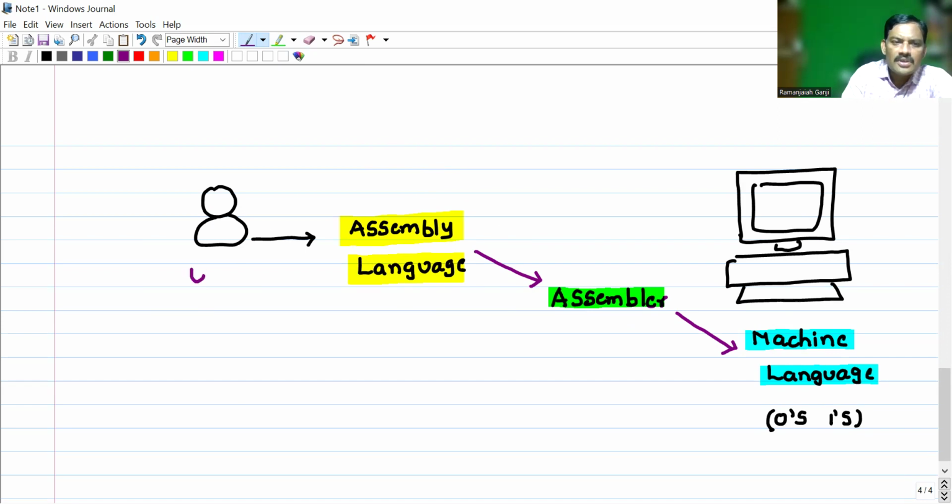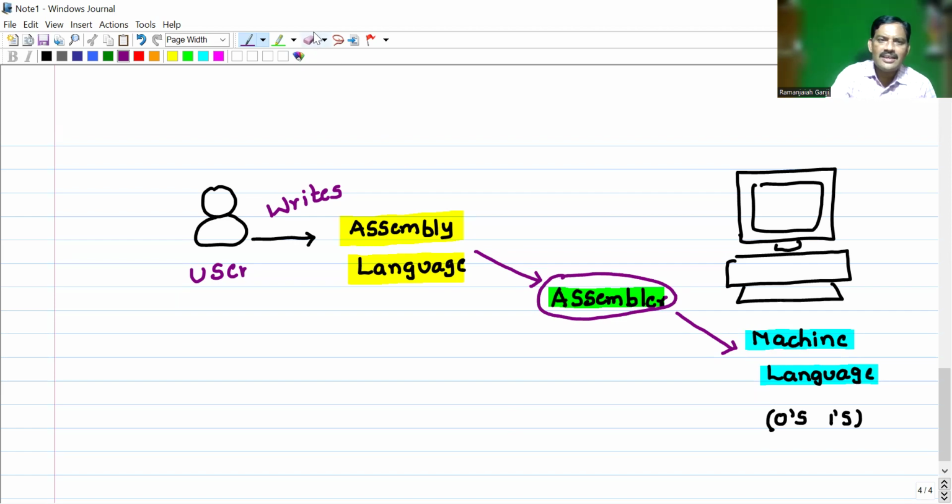Clearly, the user or programmer writes a program in assembly language, but the machine can understand only machine language. We require a component. What is that? A translator.